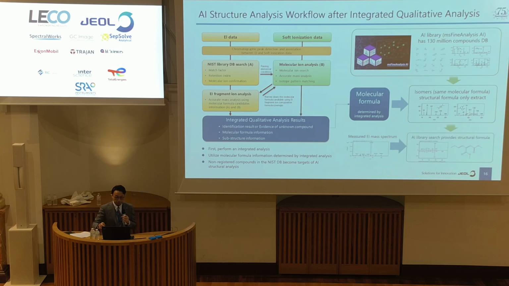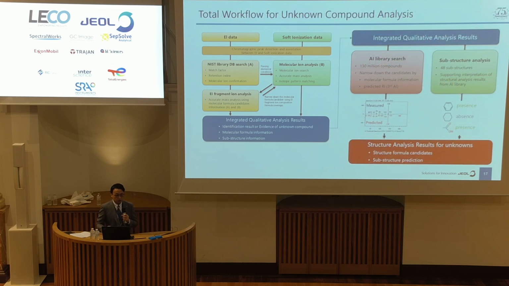And after that, we can compare the measured EI mass spectrum and these isomers' predicted mass spectra. Then we can get this kind of structure candidates on the software. So this is the total workflow for unknown compounds, integrated analysis and the AI library search also. Then we can get the structure analysis result automatically on the software.